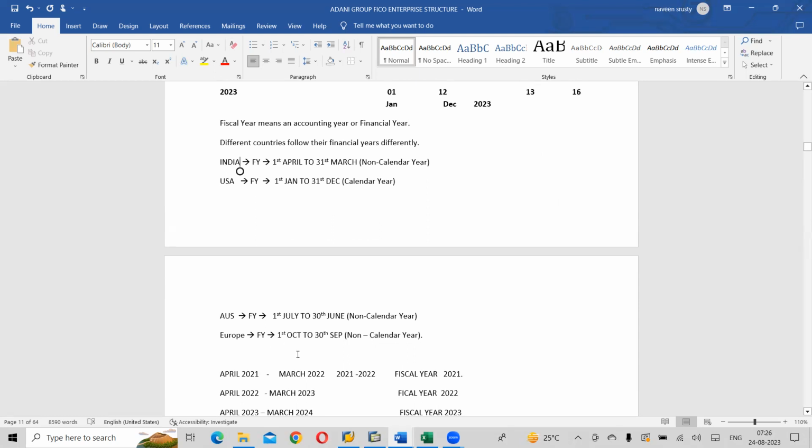Again, majority countries in Europe follow this: 1st October to 30th September. If you take Nepal, they follow their fiscal year from 15th September to 14th September. Clear? I said majority, not all.